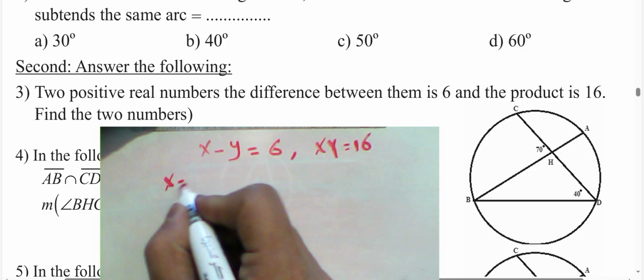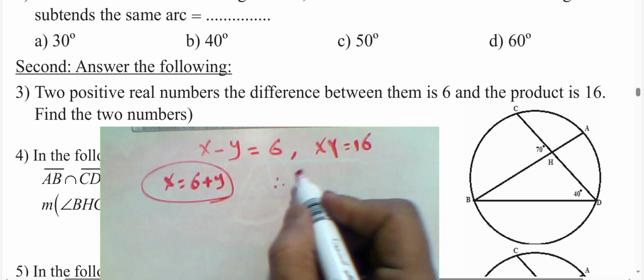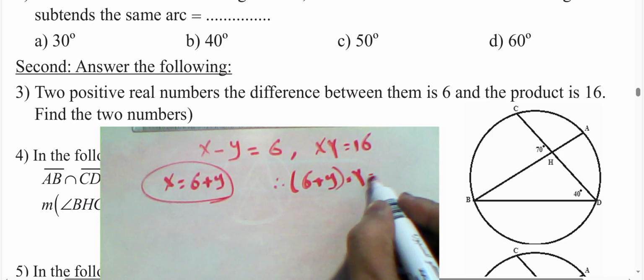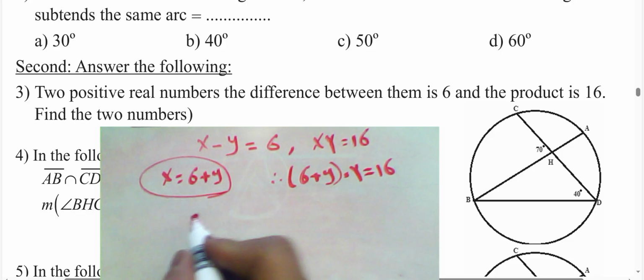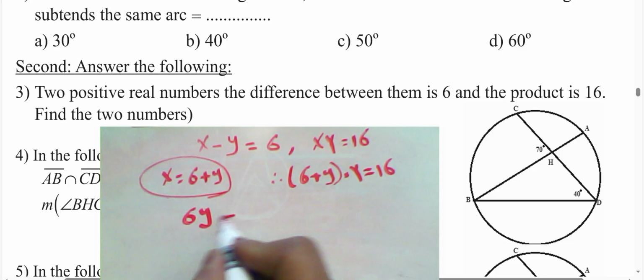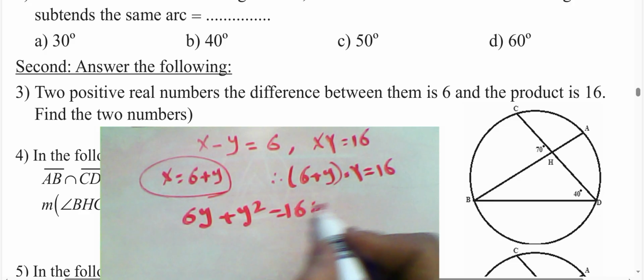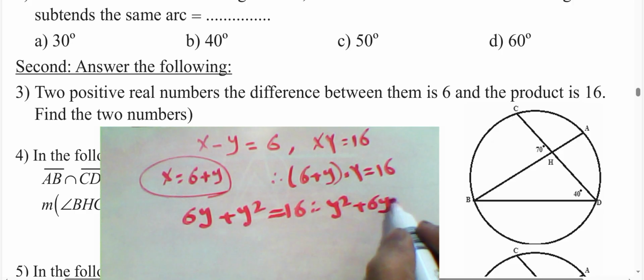Then the value of x equals 6 plus y. Put x equals 6 plus y into x times y equals 16. 6 times y is 6y. y times y is y power 2, equals 16. Then we have y power 2 plus 6y minus 16 equals 0.